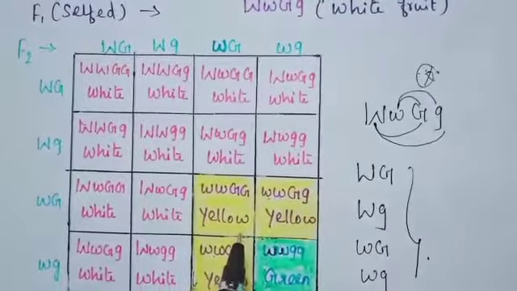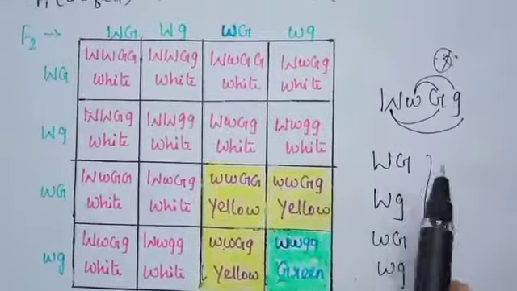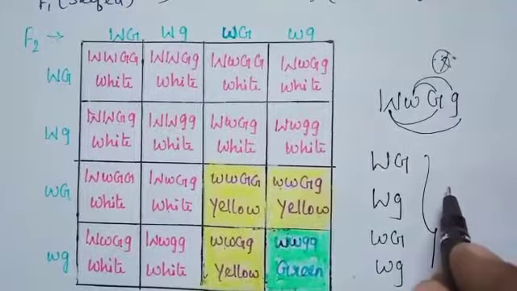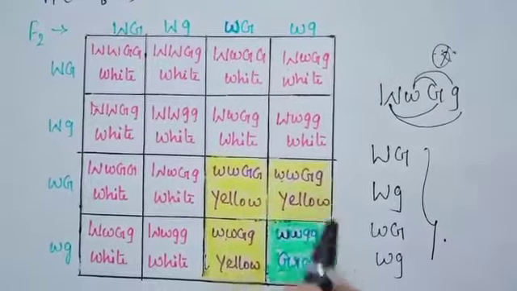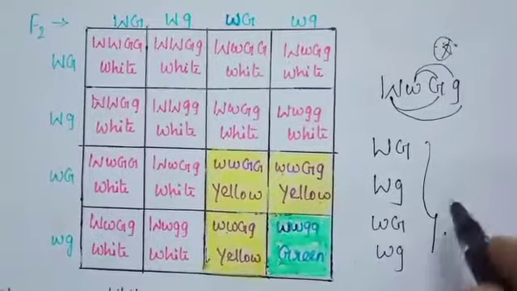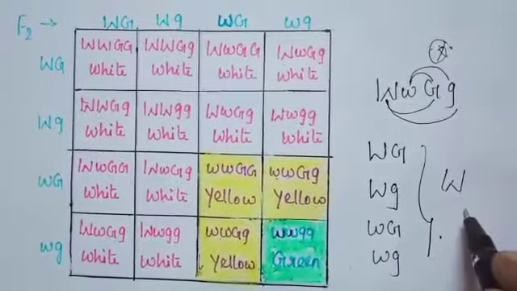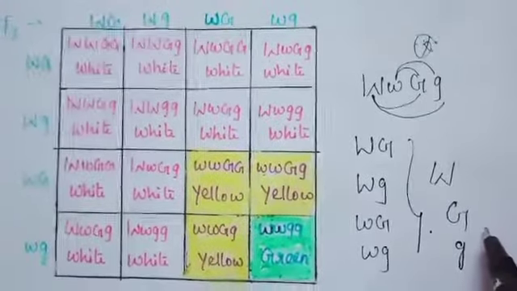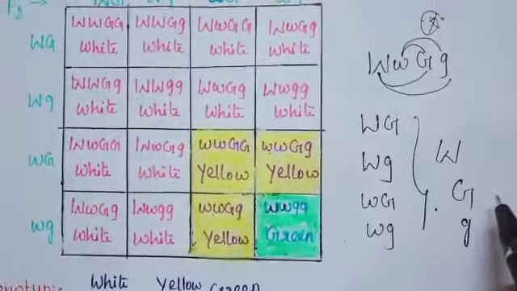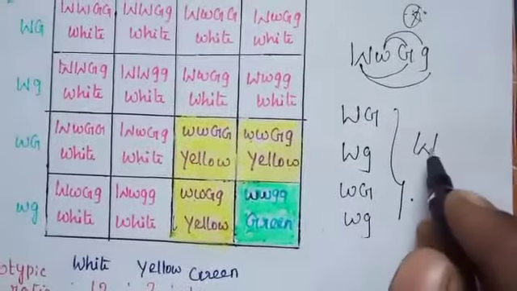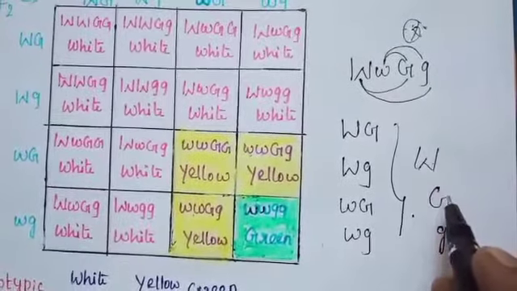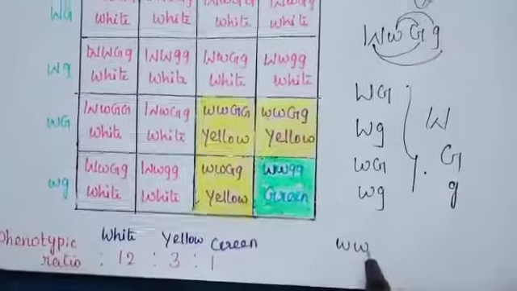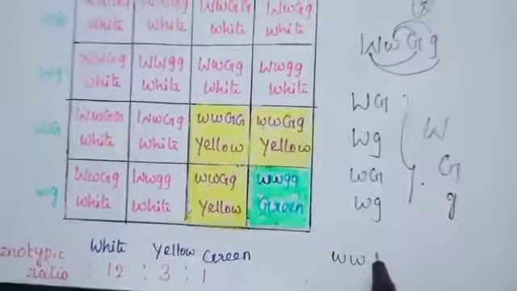Since capital W is epistatic to the alleles capital G and small g, the white, which is dominant, masks the effect of yellow or green. So capital W masks capital G, and also small g. The yellow and green characters are hidden by capital W. Next, only the homozygous recessive small w genotype can give colored fruit.